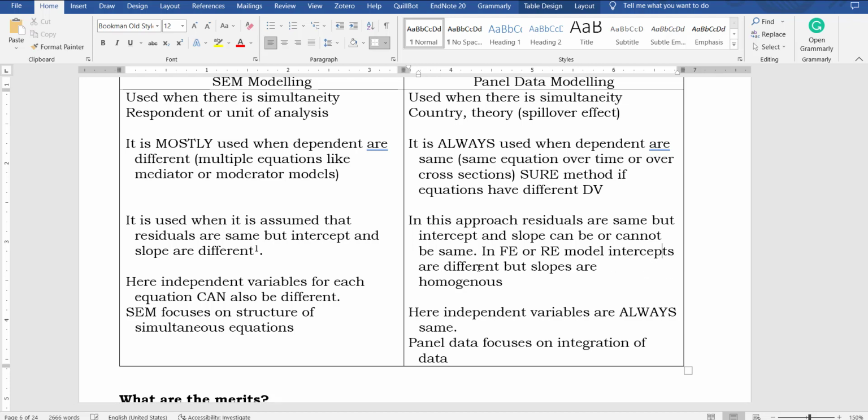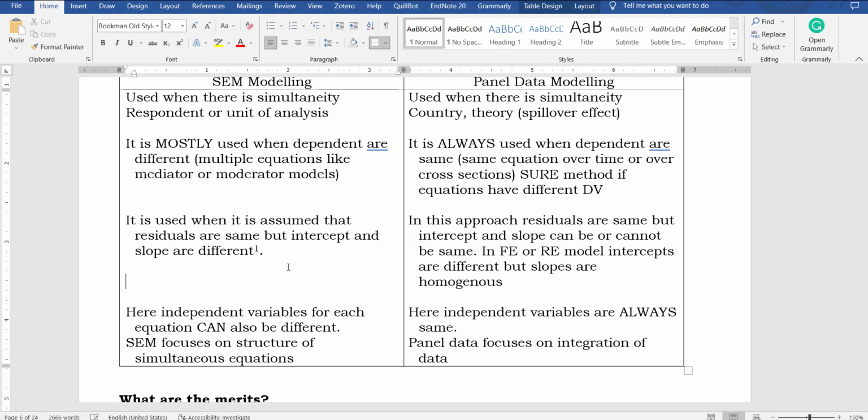Okay, so I corrected. So here the independent variables for each equation can be different. If you have the same model and there are three equations, you can add different independent variables. But in panel data, for all cross sections and time periods, independent variables are always the same because the dependent variable is the same.